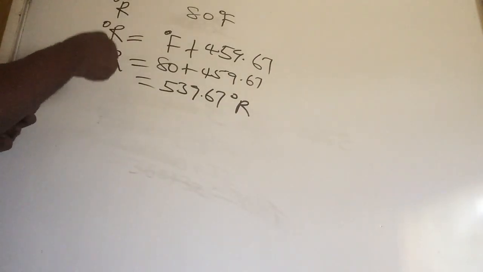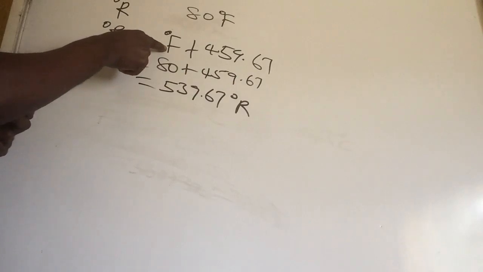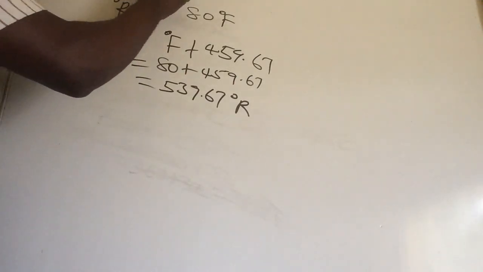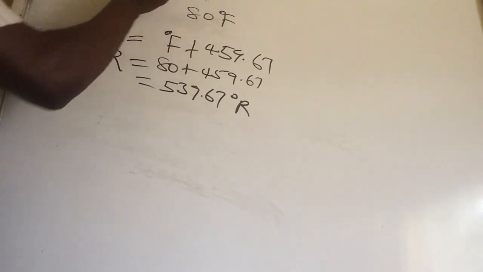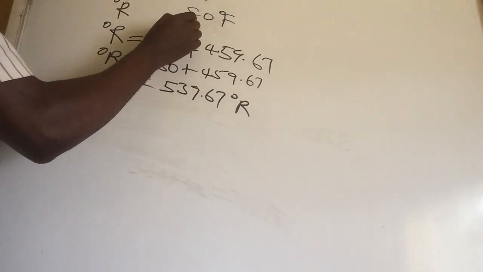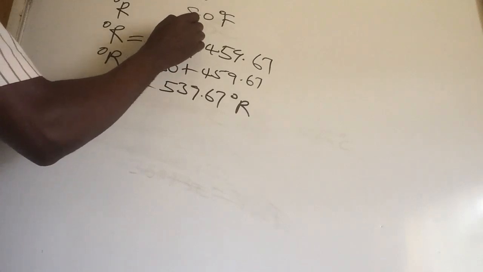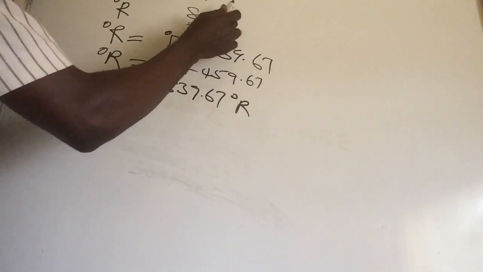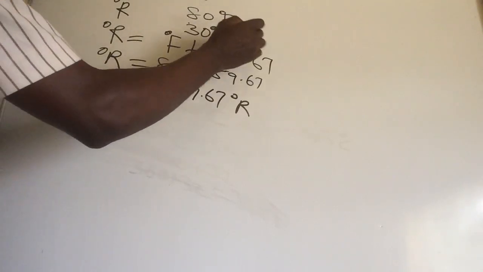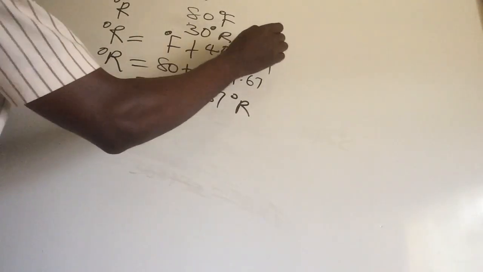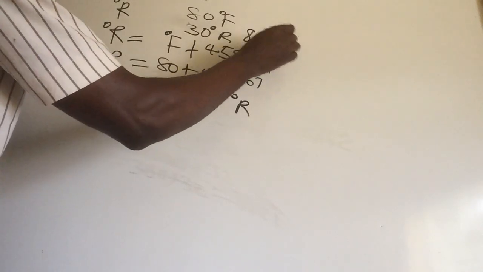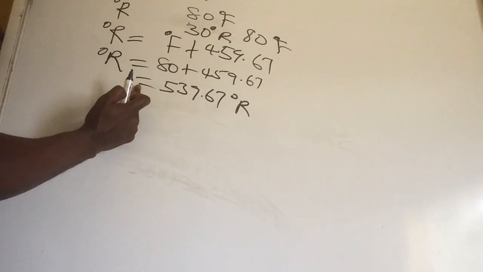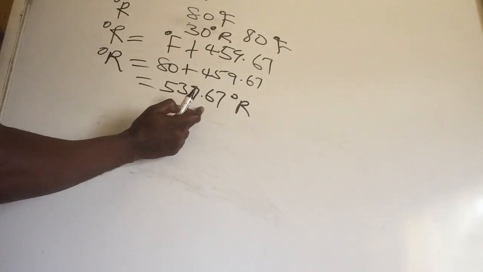Then if you want to convert Rankine to Fahrenheit, maybe you have 30 degrees Rankine. Remember, we first of all converted 80 degrees Fahrenheit to Rankine, which is the problem solved.